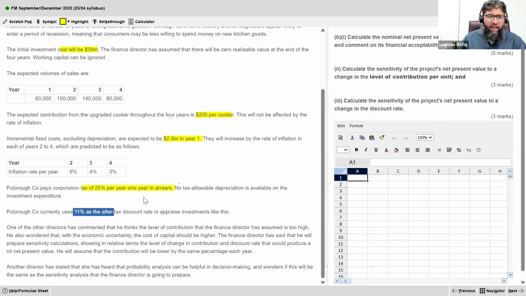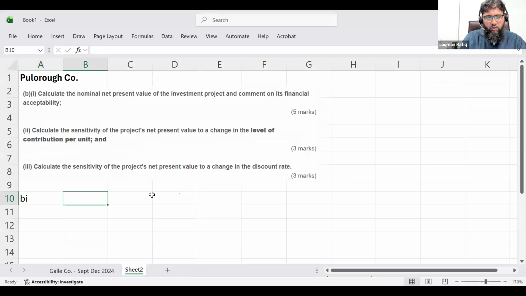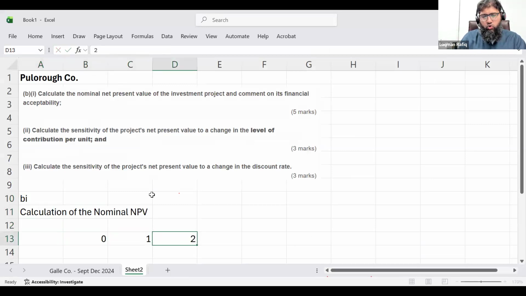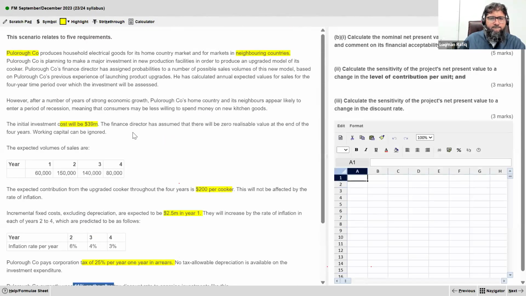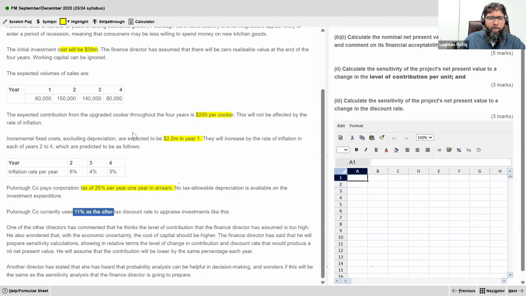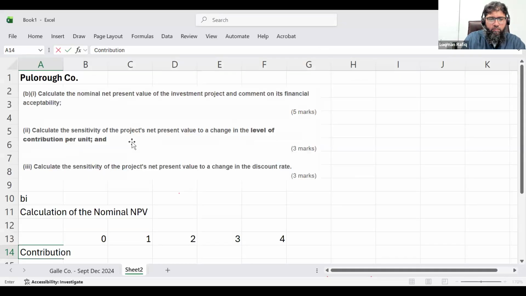So if I talk about the calculation of the nominal NPV, we have time periods 0, 1, 2, 3, and 4. Now what next is there? There is going to be the contribution per unit.